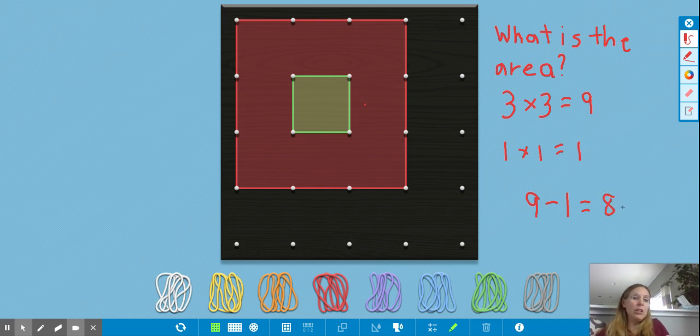And I could say 8 units squared if I wanted to. Units is going to be squared.